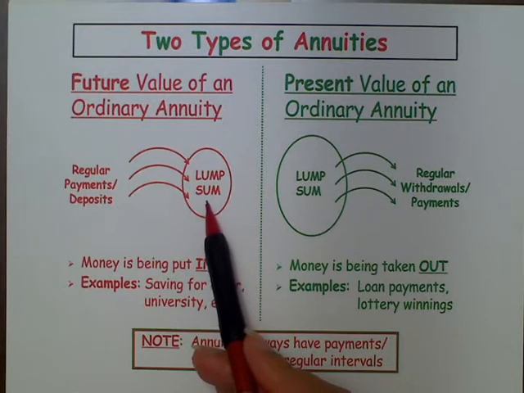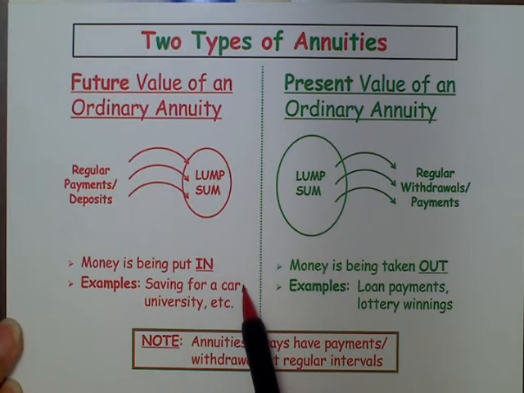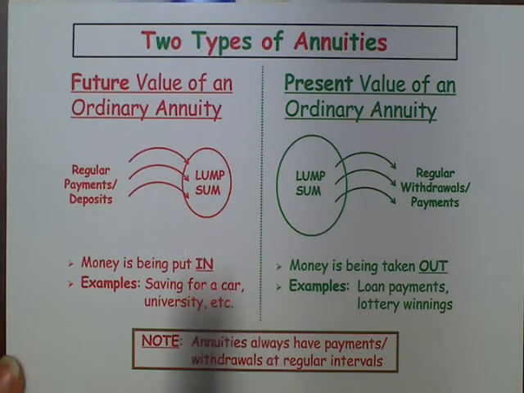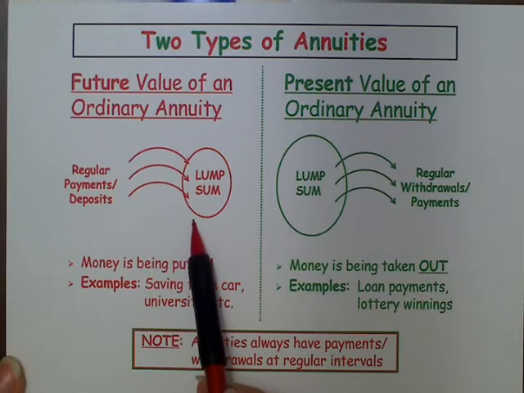Typically you're putting money into an account to save for a car, university, or a future vacation you plan on taking. All of these are examples of investing money into an account so that you have a large amount of money in the future. So that's a future value of an annuity.